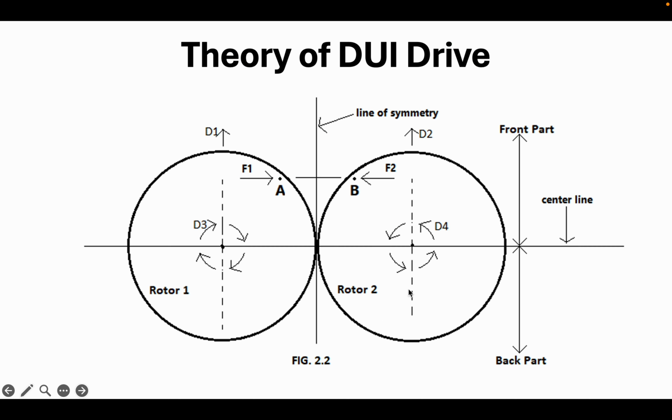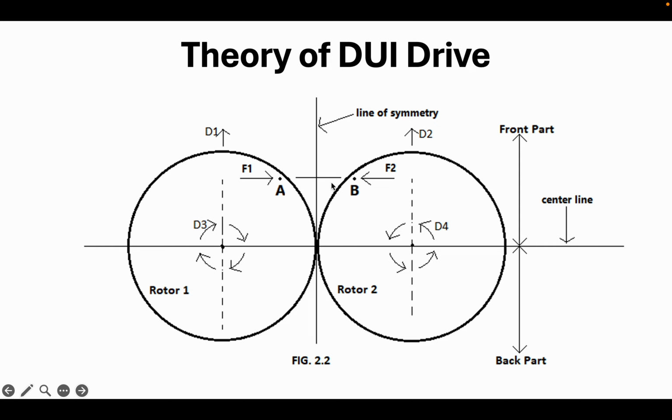There are two rings, ring 1 and ring 2, and let us take point A and point B where F1 and F2 are applied, symmetrical about this line. This is the line of symmetry of the two rings. It crosses between the two rings, making both rings symmetrical and passing through the contact point of the two rings.